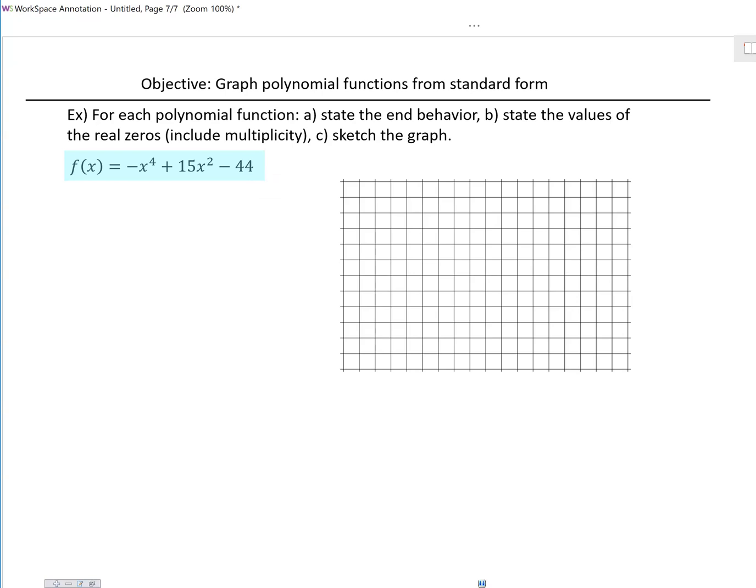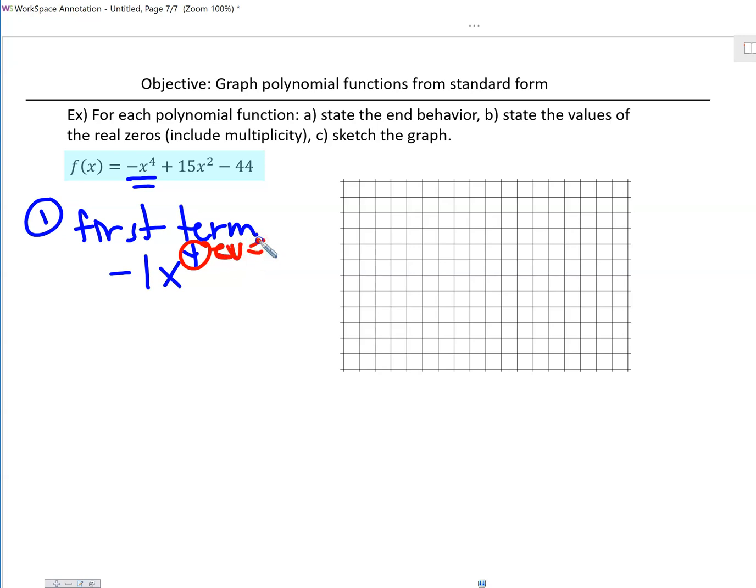And so here we're looking at, again, figuring out our end behavior from our first term, which would be that x to the fourth term, negative x to the fourth. So that first term is negative 1 x to the fourth, or just negative x to the fourth. And of course, 4 is an even number.